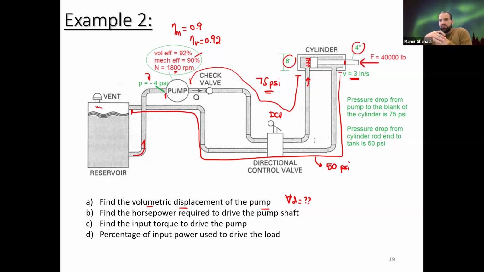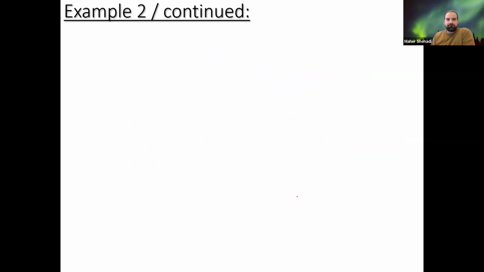They're already equations like pi over 4 D squared minus d squared. So the only equation that I can use is Q theoretical equals VD times N divided by 231. I do have the RPM for the pump, so I need to find Q theoretical.